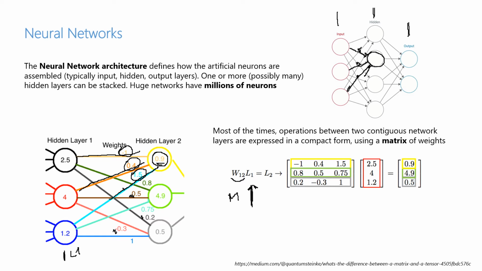For each row, we have the weights that are incoming into a particular output neuron.